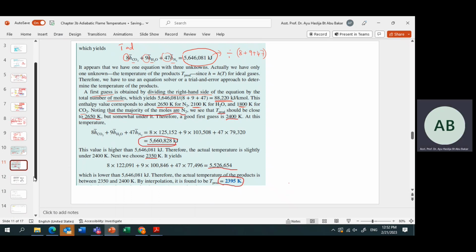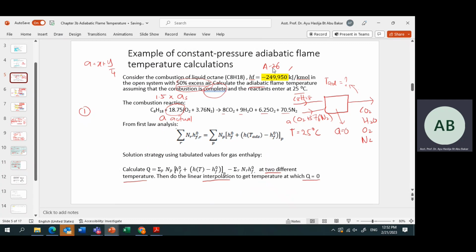Okay, last time we had done with constant temperature. From the previous example, it was constant pressure. So we just use the first law analysis equation to find the T adiabatic.